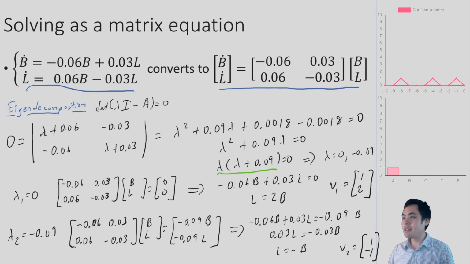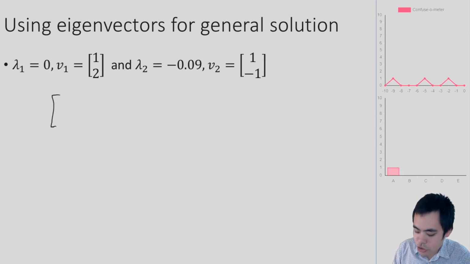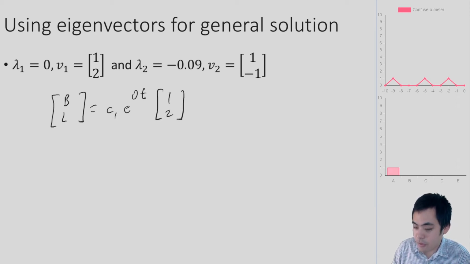Okay, so that is our eigendecomposition. We can solve for the eigenvalues and the eigenvectors. Once you've done this, you immediately know the general solution. B and L is equal to C1 times e to the 0t times the vector 1, 2, plus C2 e to the minus 0.09t times the vector 1, minus 1.